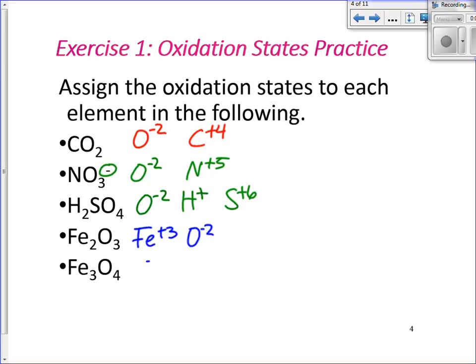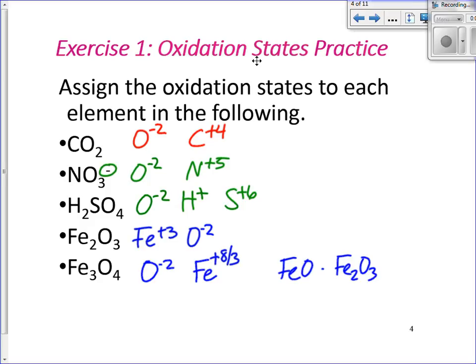This is an interesting one. The oxygen is still a -2. But the iron, in this case, is a +8/3. Now, you're like, why do they have that? That's weird. It's a fraction. In essence, what's going on in this particular compound, in the lattice structure, is it really is more representative of 2 different things bonded together.